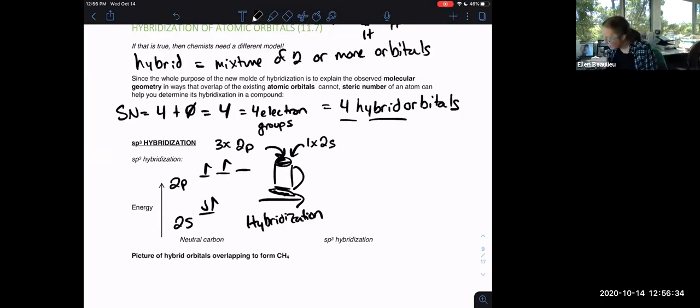And out of the blender come 4 new degenerate hybrid orbitals known as sp3 orbitals. So I throw them in the blender, I mix it up, and then I spit out 4 orbitals that are equal in energy. Do you notice that they are higher in energy than the s?